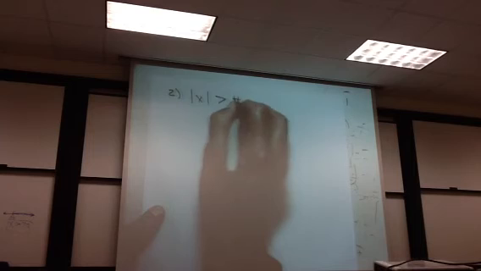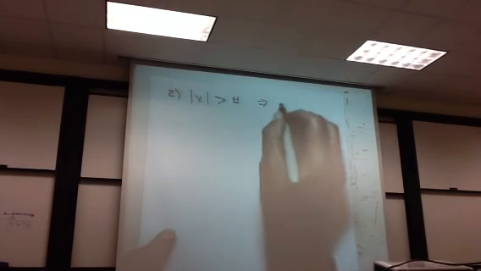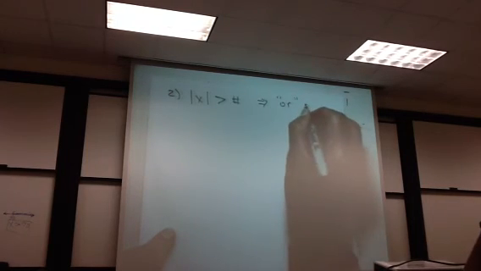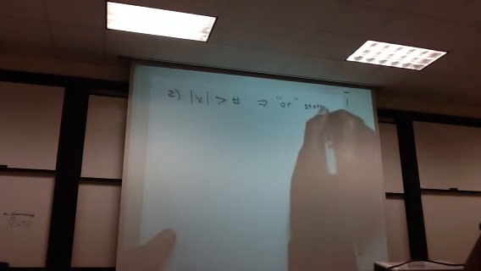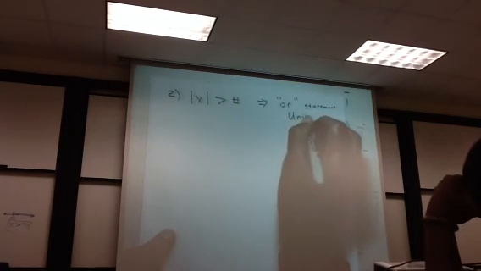All right, concept number 2. Absolute value is greater than a number. This, by the way, is going to translate to an OR statement. Now that means we mean a union, right?